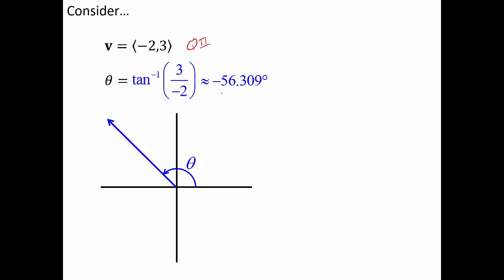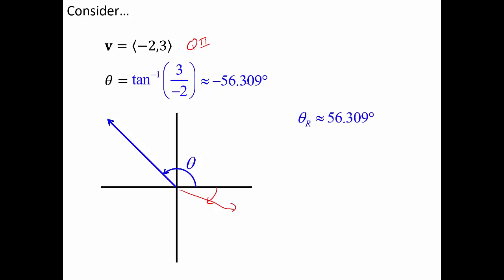Now, of course, that is not a second quadrant angle. -56 degrees is somewhere over here. All right, so I'm not going to present -56 degrees as my answer. I'm going to adjust based on the quadrant.